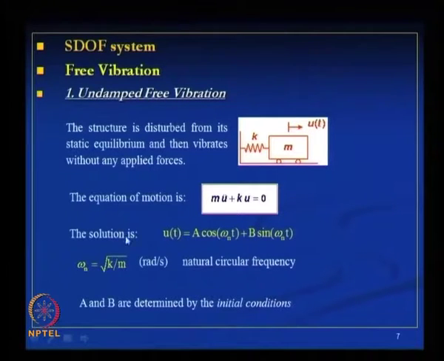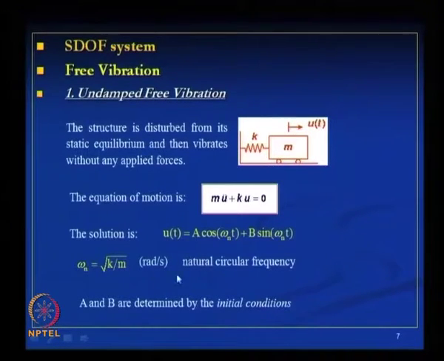And the solution for this type of equation, we have derived in the previous lecture. It is given as some constant times cosine of omega n t plus another constant times sine of omega n t, where omega n is the natural frequency of the system, which can be computed as root over k by m, where k is the stiffness coefficient and m is the mass of the system.